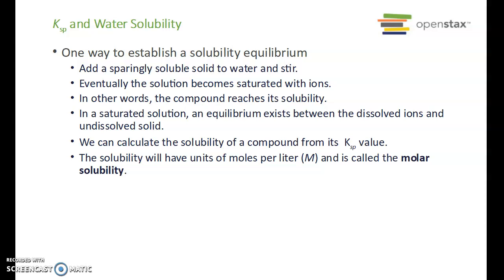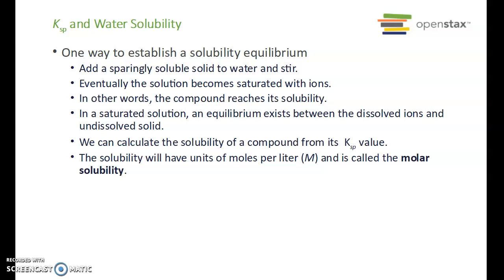Eventually the solution, even though it may take quite a bit of time, becomes saturated with the ions. In other words, the compound reaches the total solubility, that's the maximum. In a saturated solution, an equilibrium exists between those ions that are dissolved in that solution and those that remain undissolved as a solid. And again, like every other equilibrium, it's a dynamic situation.